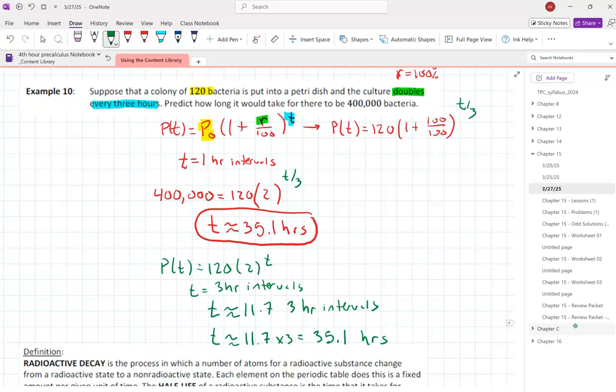So it doesn't matter how you do it, but you do have to be careful about what unit your t is in. Is it in the same interval as your percentage change is written as? That's fine. If you do that, though, you're going to have to convert it to a standard time unit at the end.